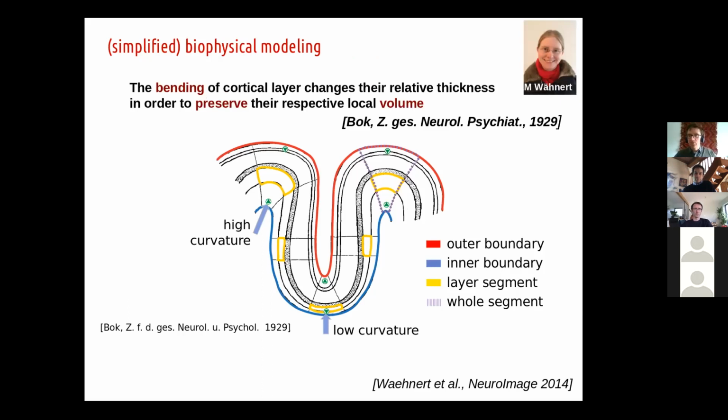She went back to very old school neuroanatomy textbooks, and she found a very thorough study from a German neuroanatomist named Bok from 1929, who carefully looked at microscopy slices of brains at many different angles, looked at the location and sizes of the different layers across the different configurations of bending and folding, and concluded that, roughly speaking, the bending of the cortical layers has to preserve their local volume.